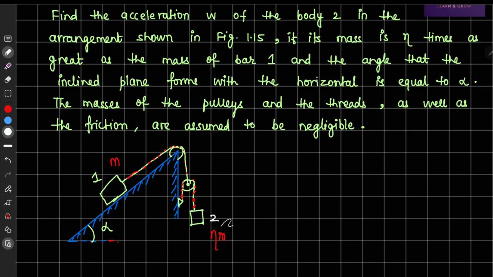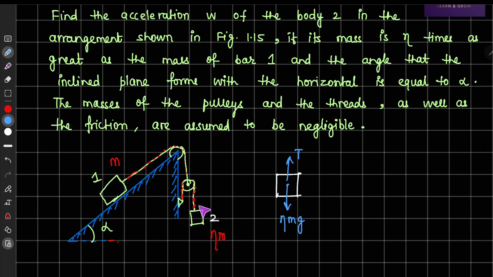In order to find the acceleration of body 2, let us first draw its free body diagram. This is body 2, and we will have the gravitational force, eta times mg, in the downward direction, and the tension force T in the upward direction.